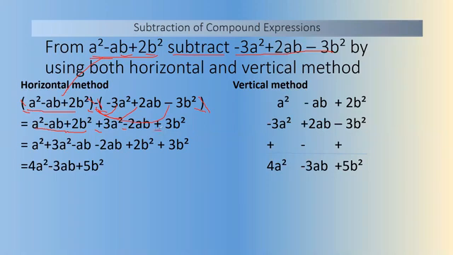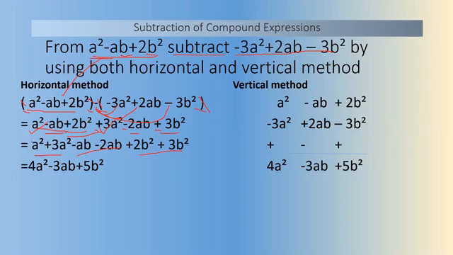Done. Now arrange the variables: a square and 3a square together, then minus ab and minus 2ab together, then plus 2b and plus 3b together. We have arranged the same variables with the same powers together.